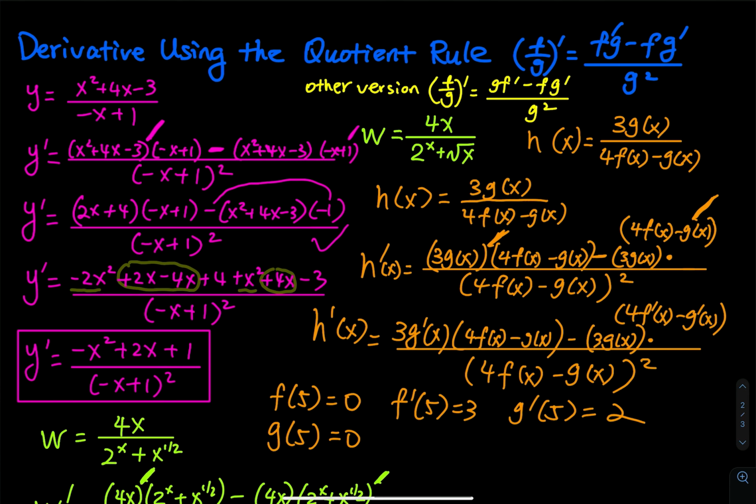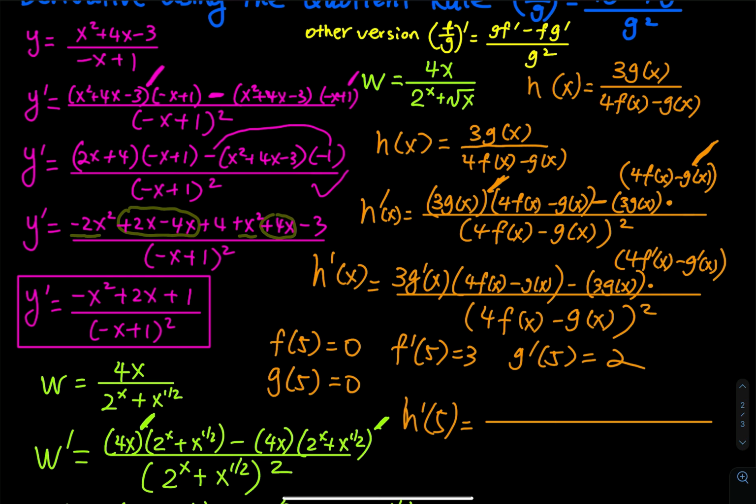So h prime of phi equals 3 times g prime of phi. G prime of phi equals 2, right over here, so you have 3 times 2, and then in parentheses 4 times f of phi, which is 4 times 0, minus g of phi.